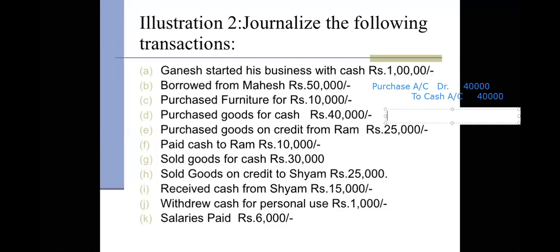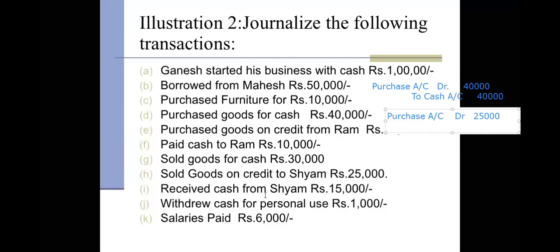Just see this. Something you are purchasing, that means purchase account debit. You are purchasing something for 25,000. Okay, then what is going out?